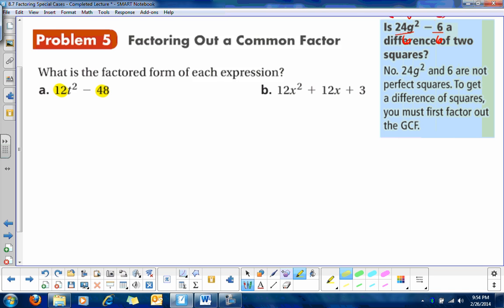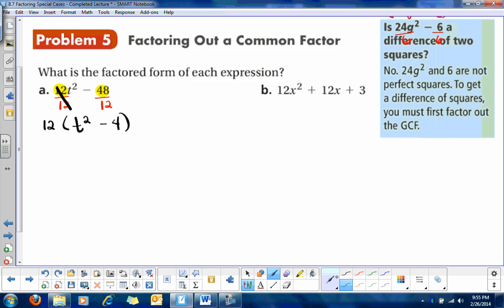So in order for me to further check to see if we can factor this, we'll have to factor out a greatest common factor of 12 and 48. So the greatest common factor that we can take out of both of those is 12, right? So when I do that, the 12 goes on the outside, and we end up with t squared minus 4.